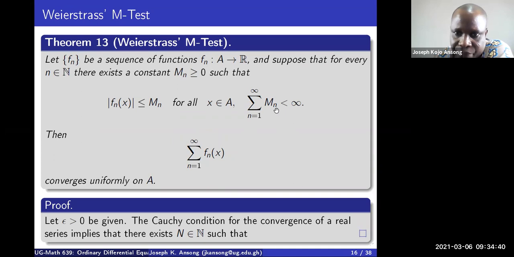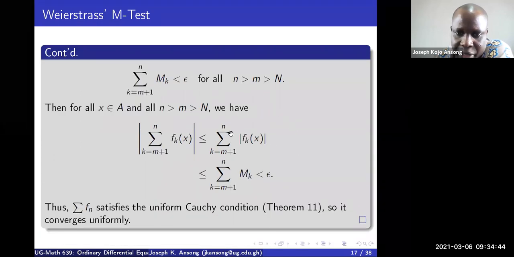The infinite sum is less than infinity, so the partial sum is less than infinity, and of course this is less than epsilon from here. Which means that this series satisfies the uniform Cauchy condition, Theorem 11. So it converges uniformly.